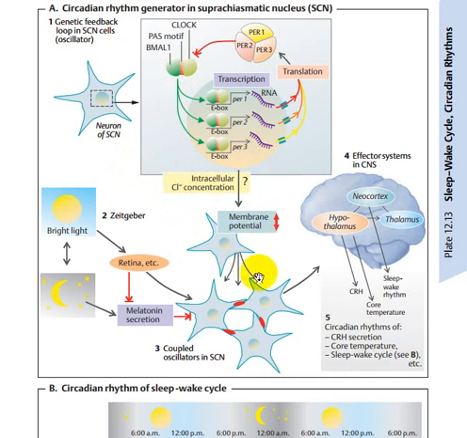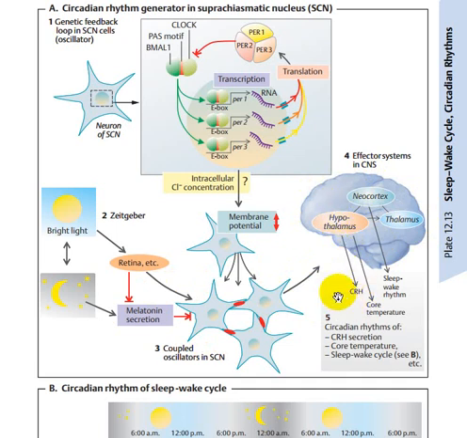The increase in chloride ion concentration is going to cause the activation of the suprachiasmatic nuclear cells. And the suprachiasmatic nuclear cells are going to activate different parts of the brain. So you have the hypothalamus, you have the neocortex, you have the thalamus. All of them are going to be activated.